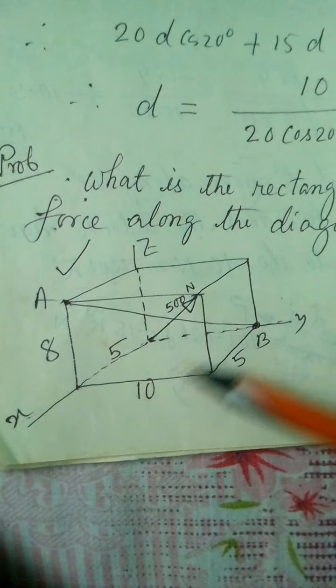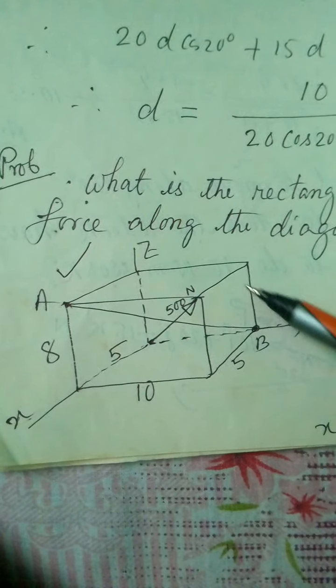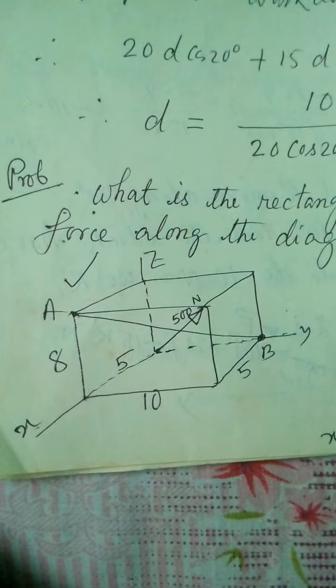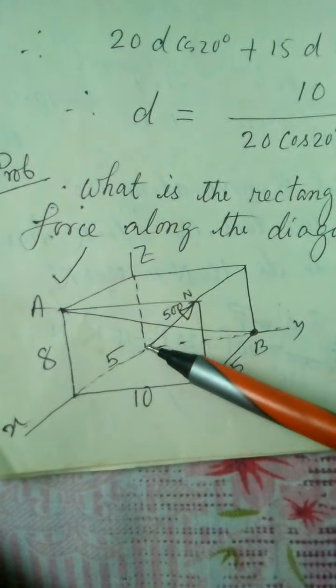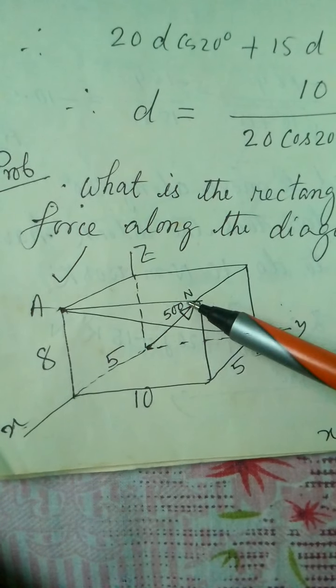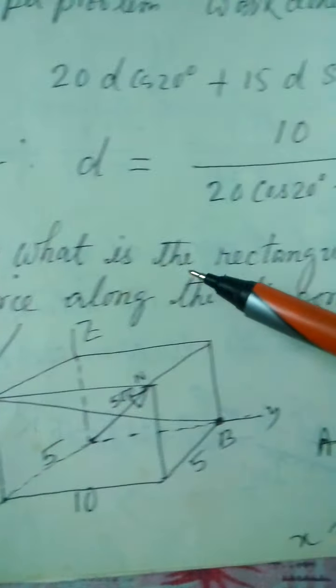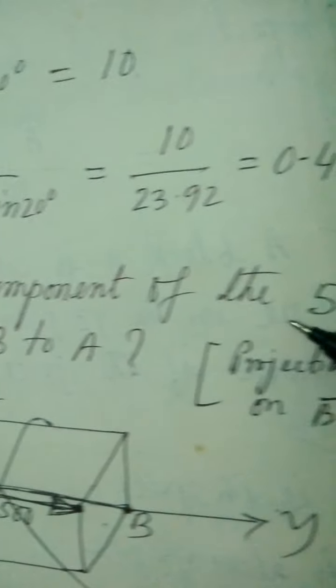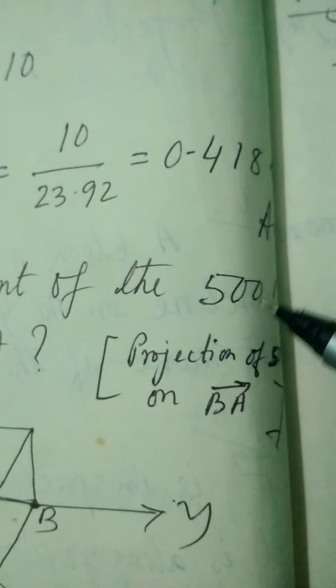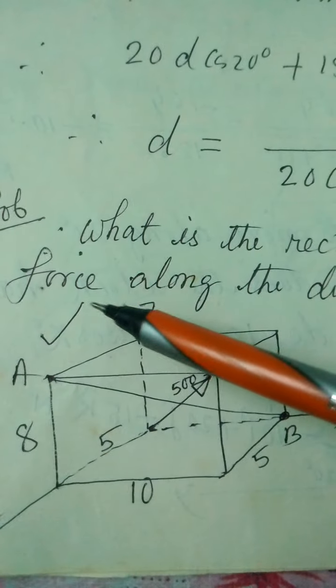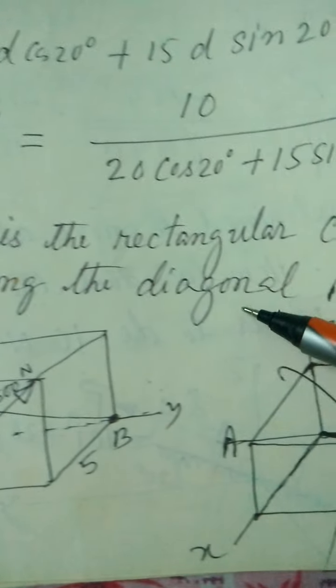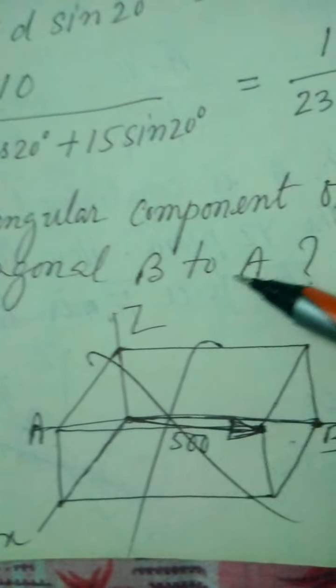So this is 5. This is 10, 5, and this is 8. We have a 500 Newton force. What is the rectangular component of the 500 Newton? The 500 Newton force is along the diagonal B to A.